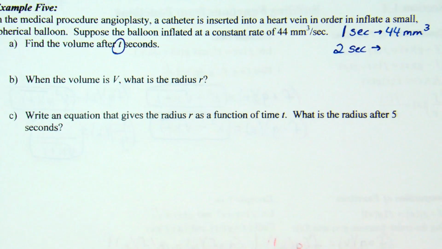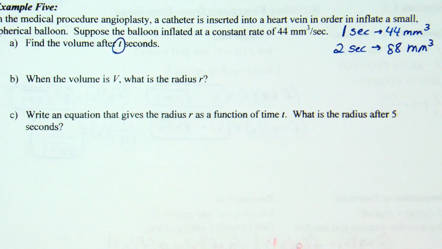Okay, so just thinking this out, what do you know about after 2 seconds? Because we are math geniuses here. It's going to be 88? Are we seeing where I'm going? Can you do like a T-chart? Here it just says find the volume after T seconds. What's going to be the volume after T seconds?